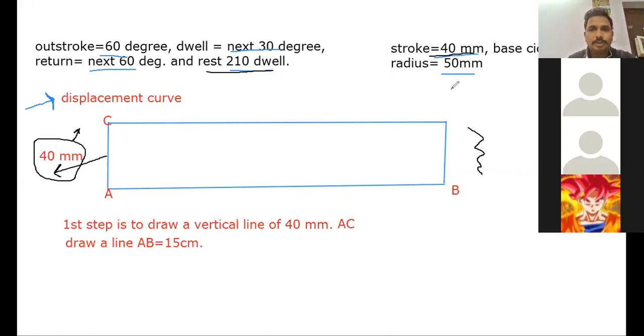Now the next step which you should do is, the question says 60-degree outstroke. 60-degree outstroke means you will draw 6 centimeters. You will measure the 6 centimeters and draw a line here like this.